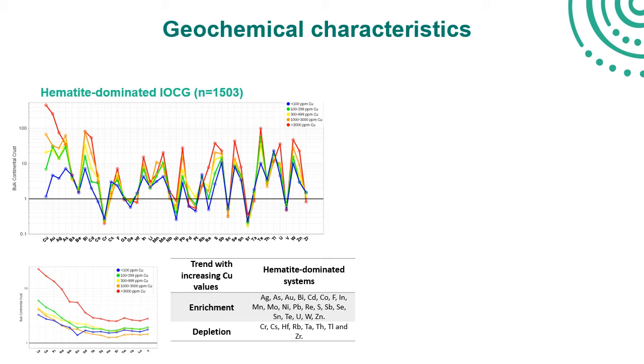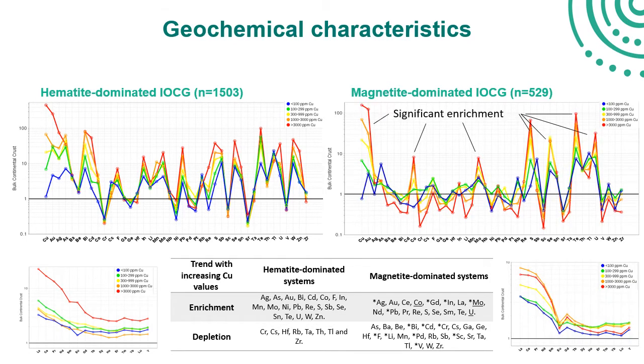But one of the interesting outcomes of this work, when we look at sample results from magnetite-dominated systems, the story is actually quite different. So while there are some significant enrichments, many elements actually get depleted with increasing copper values.